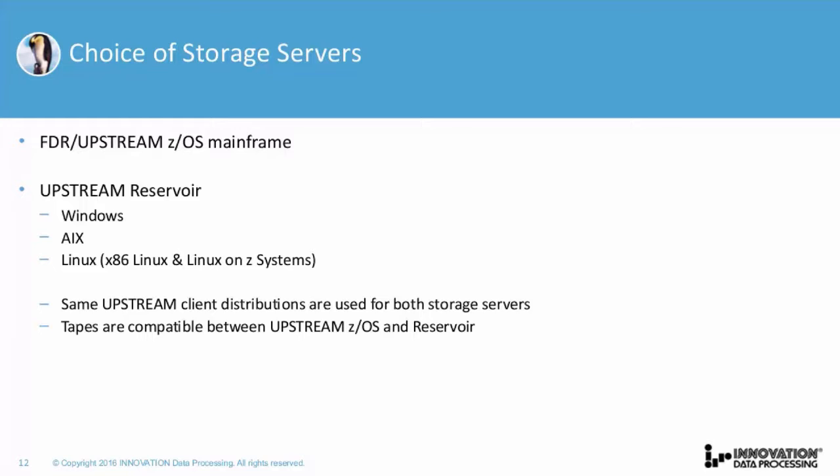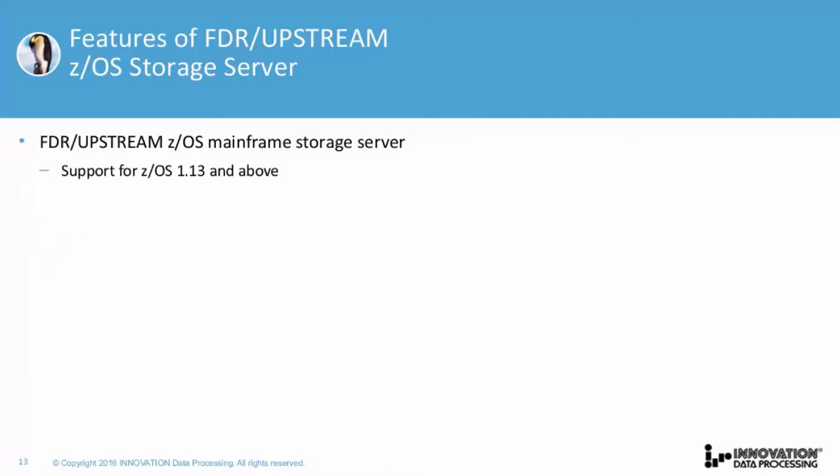The same client distributions are used for both storage servers, and tapes are compatible between the two. Our focus for this call, though, is the z/OS mainframe storage server. Now, if you're interested and attracted to Linux, then you can still use an Upstream solution for data protection with any of the storage servers that are available.